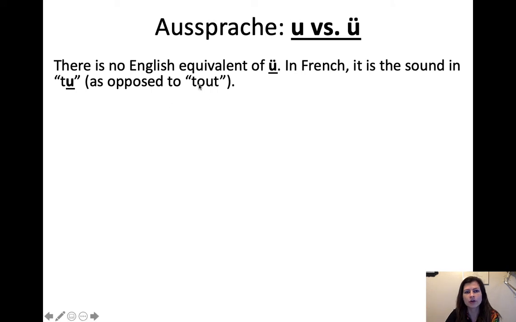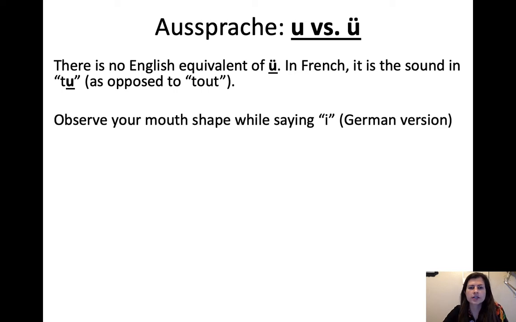But if you have the OU in French, then it's like du. I have a German accent when I speak French nowadays. But anyway, the OU in French is what you would consider a normal U sound, and just the U by itself is Ü. So that exists. If you study French, maybe that's helpful. But English doesn't have anything quite like it.